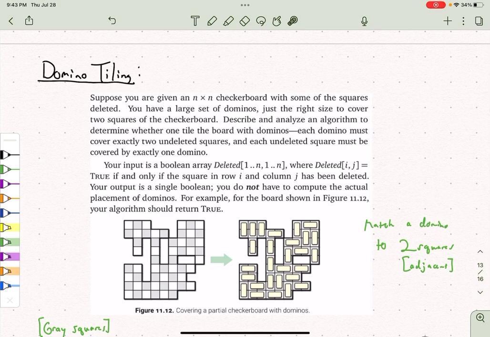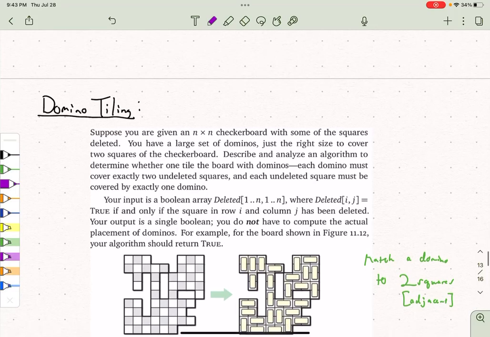Now we can't literally do that because you cannot match one thing to two things. The whole point of the matching problem is it has to be a one-to-one thing. So you can match a single domino to a single square, but you can't do it to two. So we need to use the general assignment problem framework, or tuple selection, if you prefer.